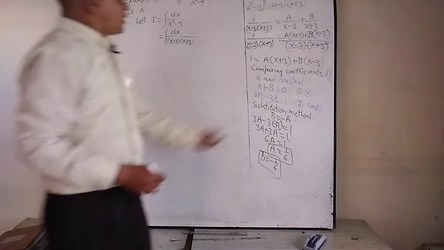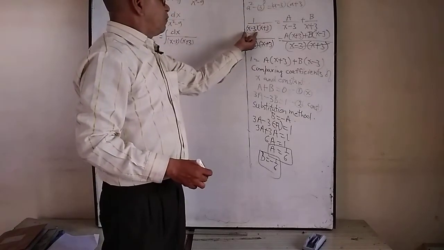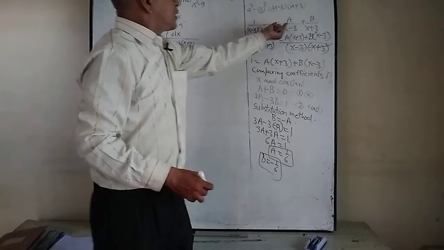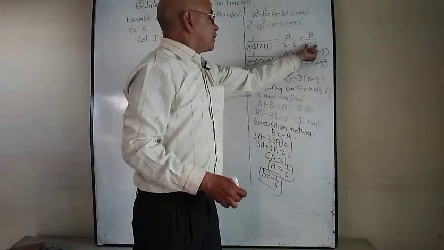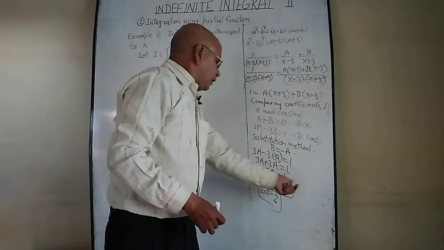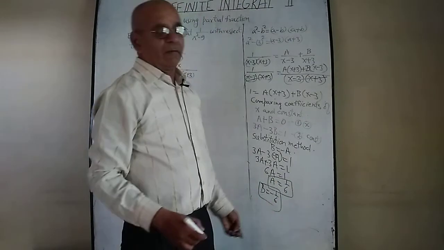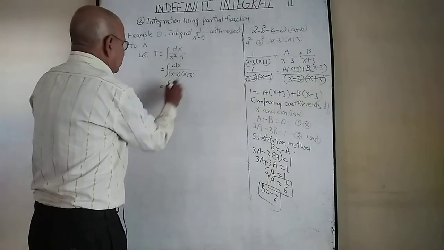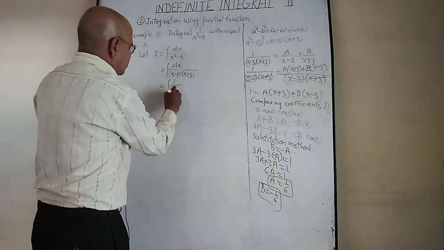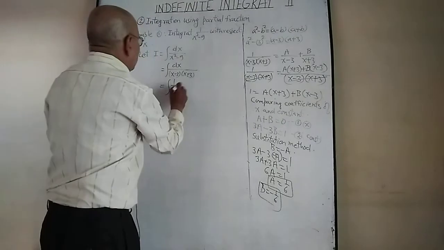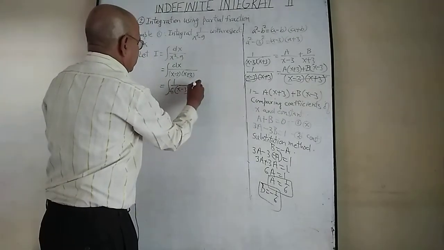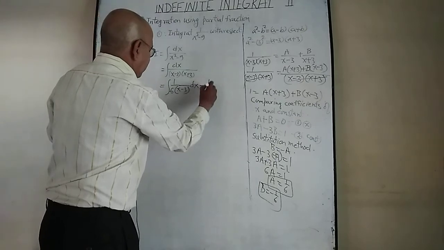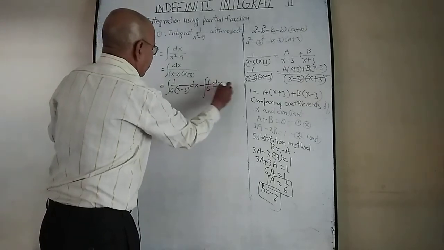Now b is equal to minus 1 by 6 and a is equal to 1 by 6. I reintroduce 1 upon x minus 3 into x plus 3 as a upon x minus 3 plus b upon x plus 3. In place of a and b, I write their numerical values, 1 by 6 and minus 1 by 6, and therefore this is written as 1 by 6 dx upon x minus 3 minus 1 by 6 dx upon x plus 3.